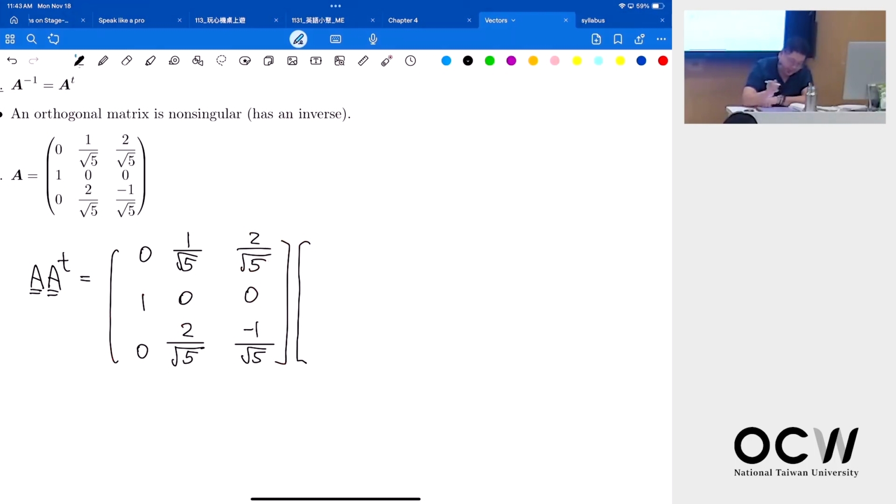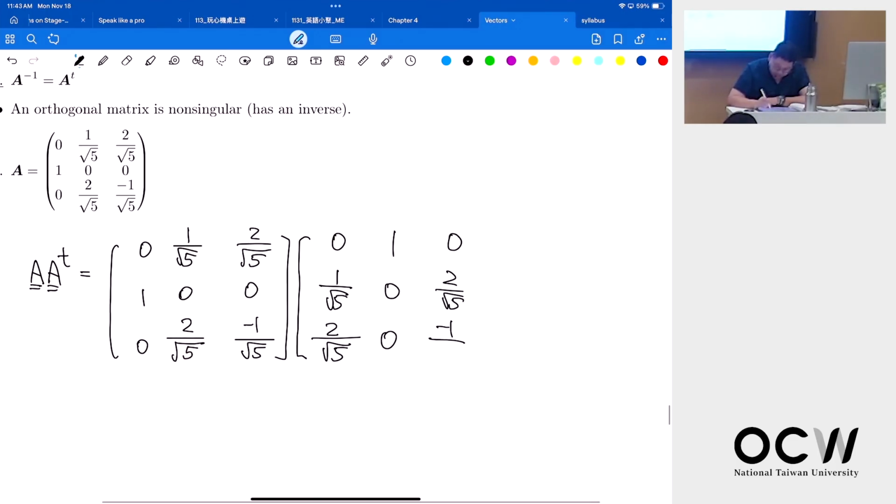Okay. Then 0, 1 over square root of 5, 2 over square root of 5, 1, 0, 0, 0, 2 over square root of 5, minus 1 over square root of 5.